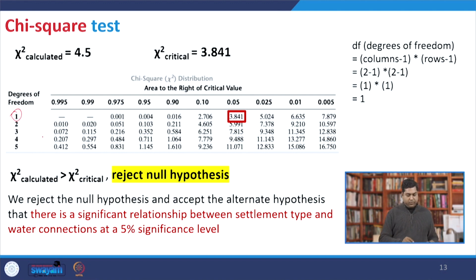So this is the value. Then here we are trying to see the statistical significance at the 5% significance level, so the value should be taken as 0.05. So this is the 5% significance level.